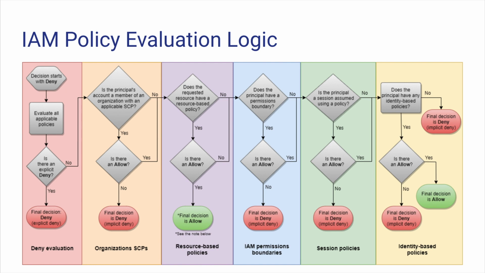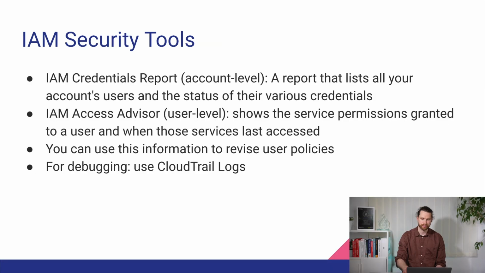So if it doesn't let you do it, then again, deny. It will then check your session policies, and finally, it will check if your identity-based policies enable you to do a certain action on a certain resource or not. If there is an allow, then happy days, you are allowed to do a certain action. If there is nothing there, that means you got an implicit deny.